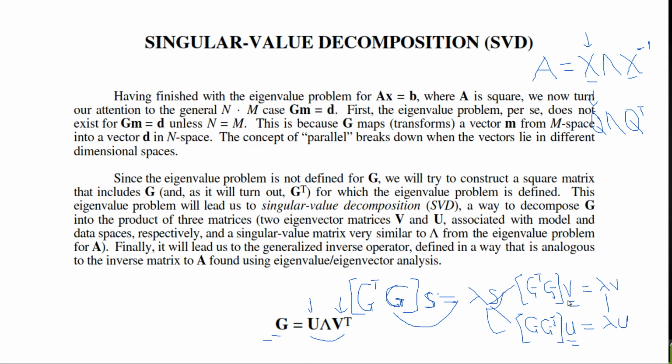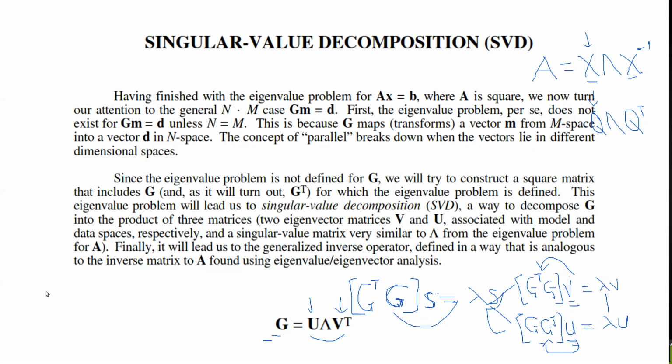These eigenvectors are the U's and V's. The V is associated with G transpose G, and the U's, which are the data spaces, are associated with G G transpose.